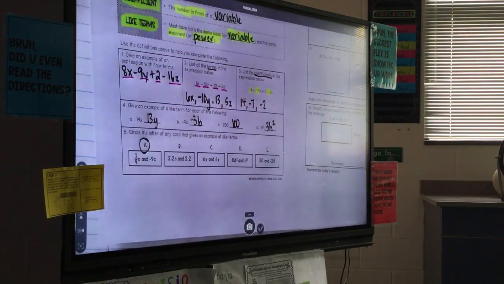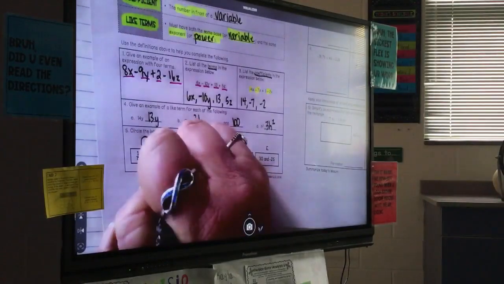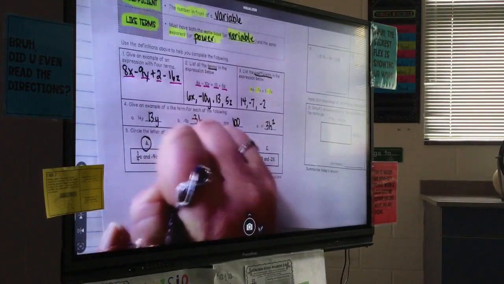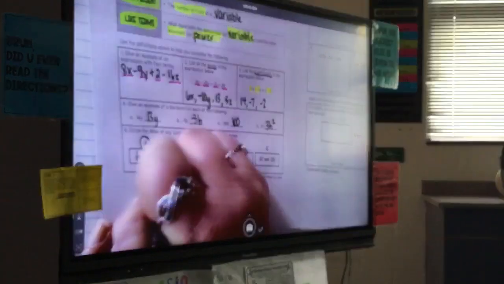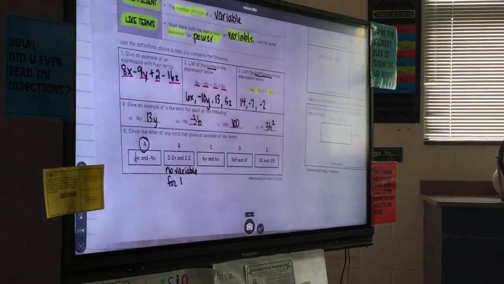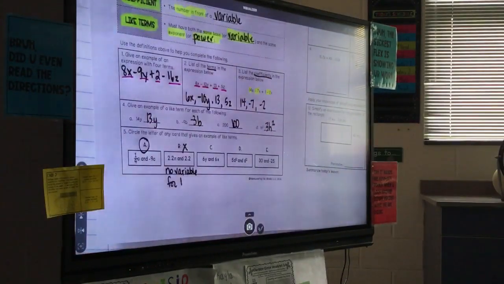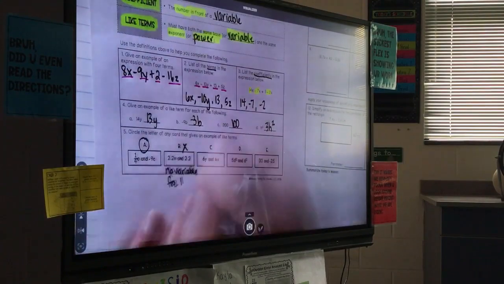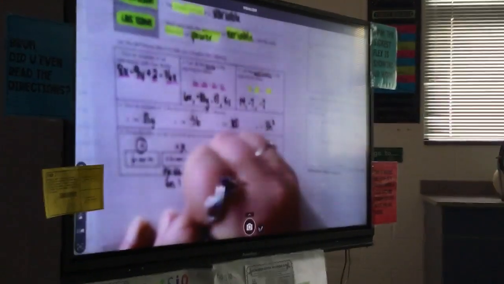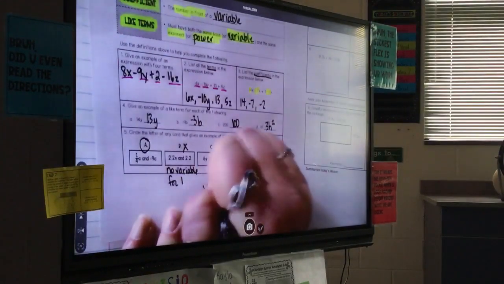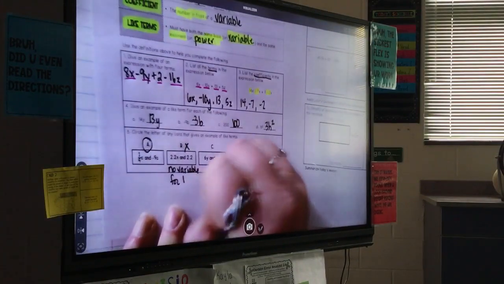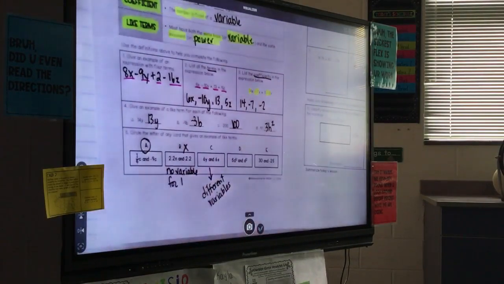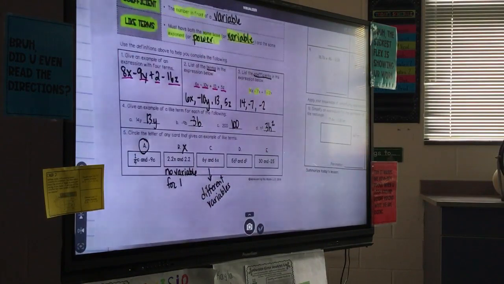Because one of them has the variable. All right. What about C? Okay. So this one is... And please go ahead, guys, and make sure you're writing these notes so you understand why they are not like terms, because it's important.